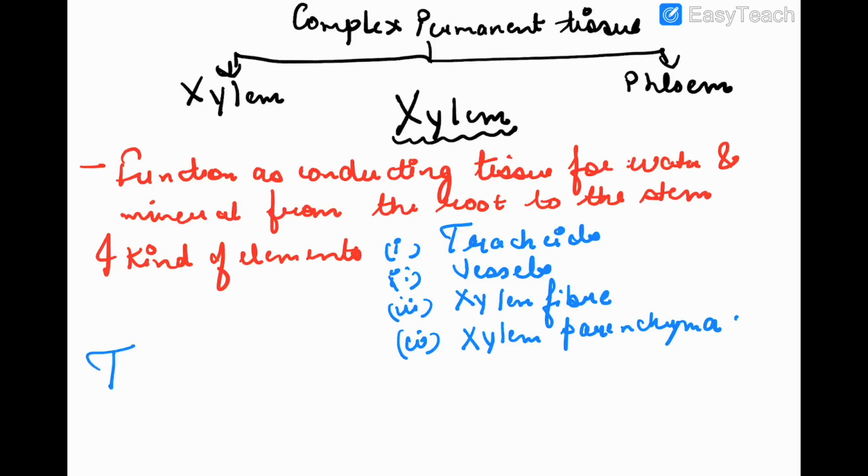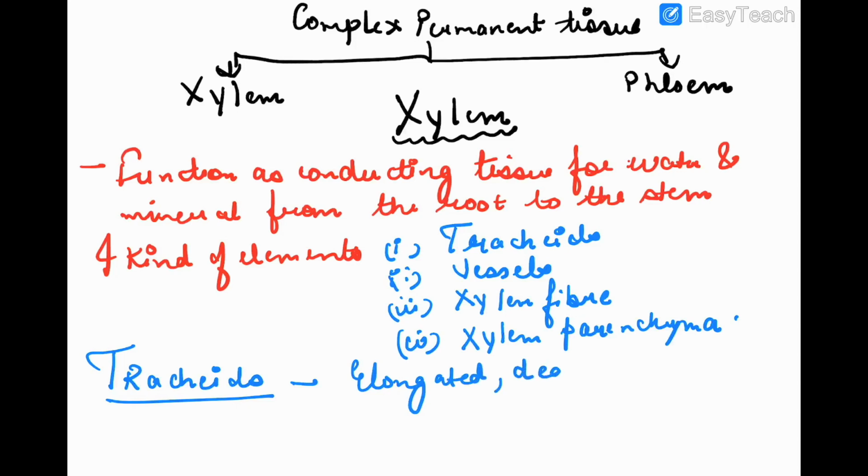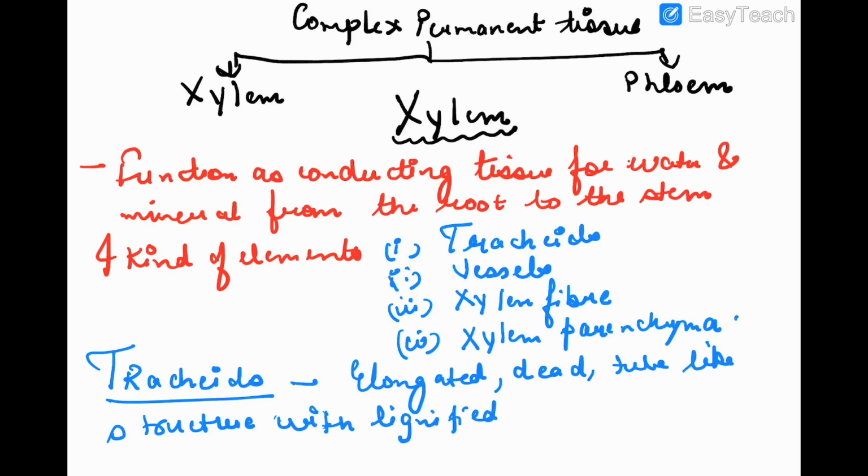Let us first talk about tracheids. Tracheids are elongated, dead, tube-like structures with lignified and tapering ends.